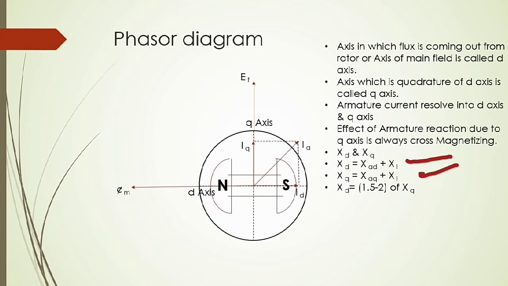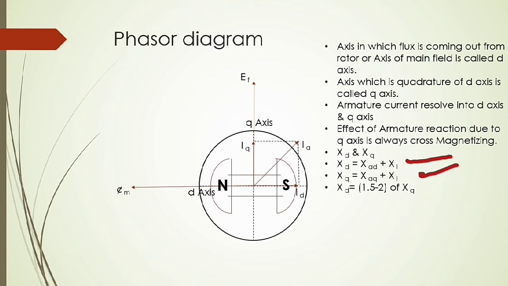So Xd equals Xad plus Xl, and the second one is Xq equals Xaq plus Xl. Xaq is the armature reaction reactance in the q axis, and Xad is the armature reaction reactance in the d axis. So this is the reactance.